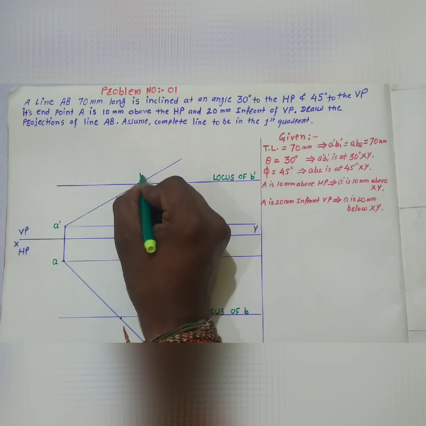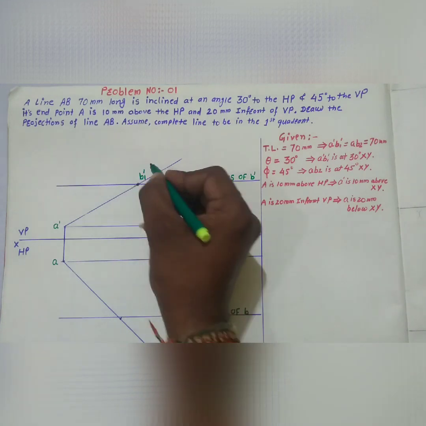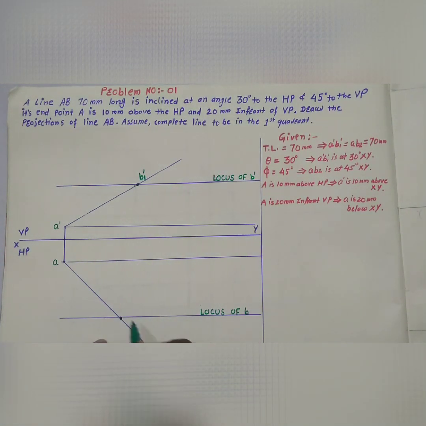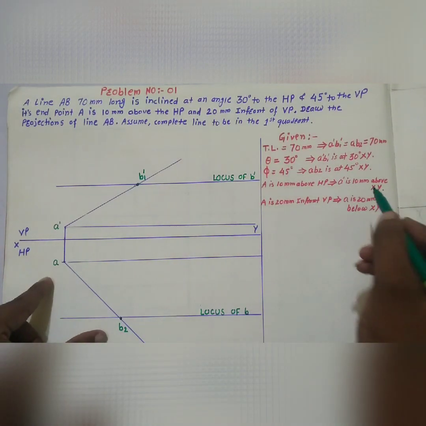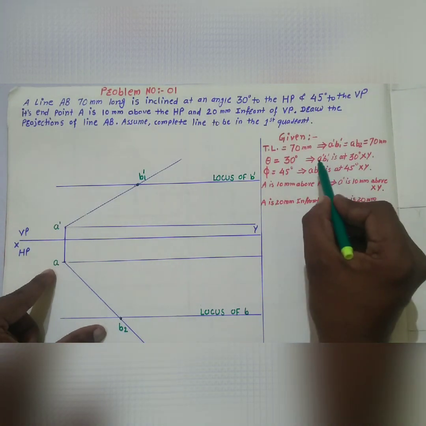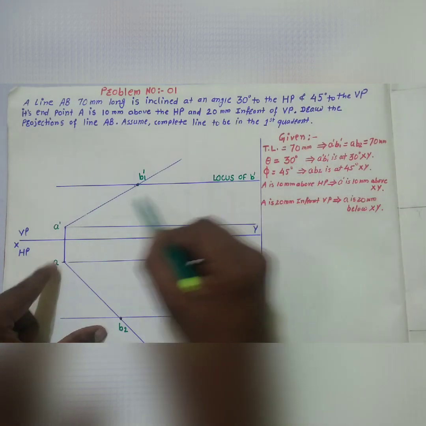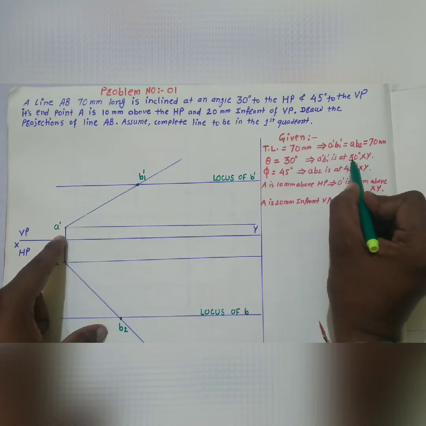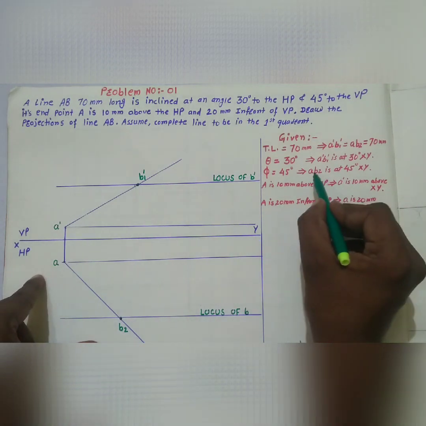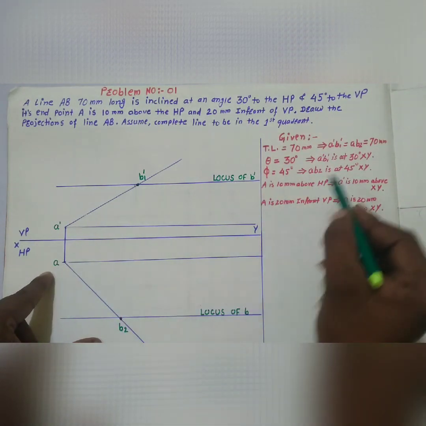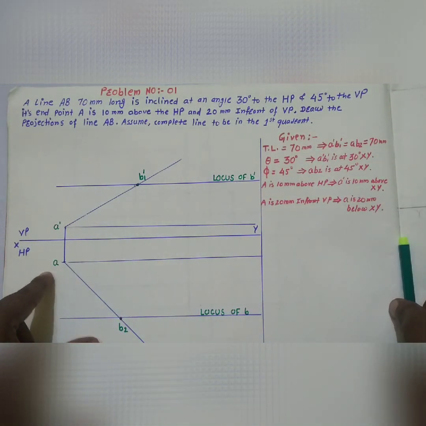This point is your B1 dash point, and this point is your B2 point. So A dash B1 dash is inclined 30 degrees to the XY line. Similarly, A B2 is 45 degrees to the XY line.